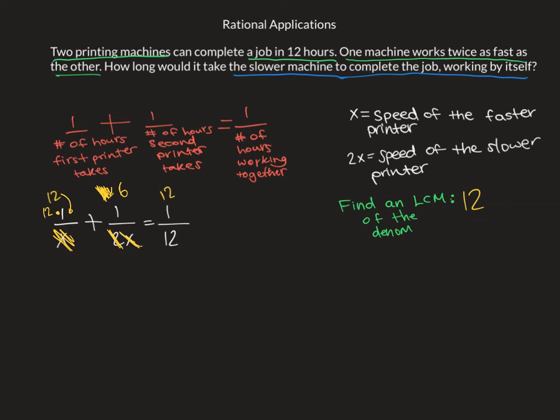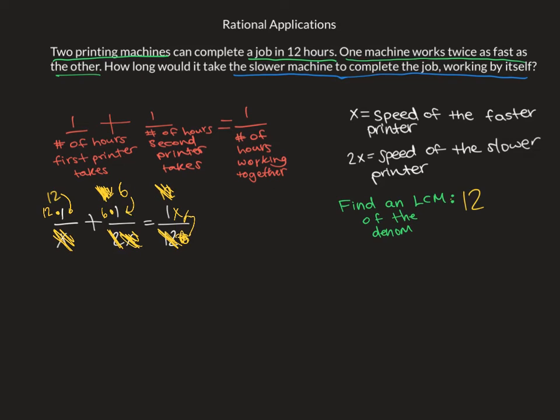And then this 12 can cancel. Since these all canceled the x, we need an x on the term that did not have an x in the denominator, so we add that onto the numerator.